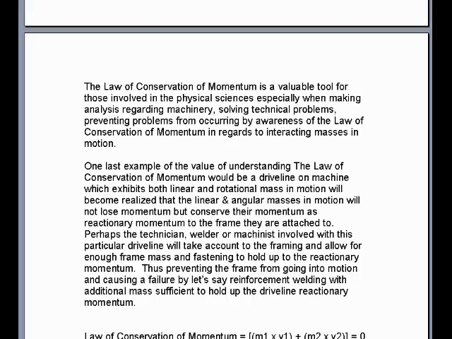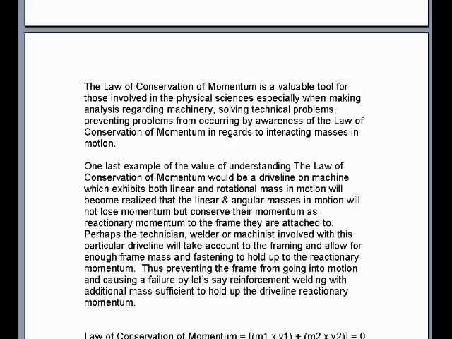One last example of the value of understanding the law of conservation of momentum would be a driveline on a machine which exhibits both linear and rotational mass in motion. It will be realized that the linear and angular masses in motion will not lose momentum but conserve their momentum as reactionary momentum to the frame they are attached to.